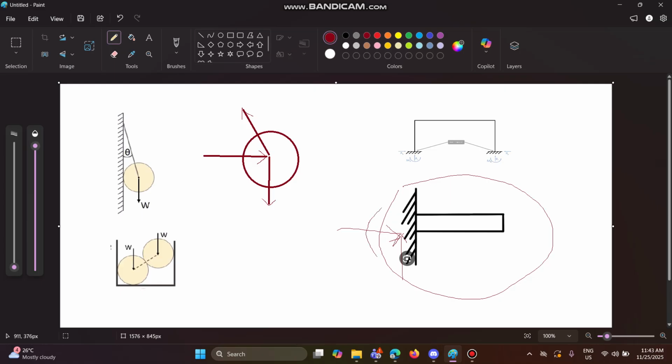If it's a cantilever beam, or a truss, or a frame, one of those structures, there can be parts of it that are fixed. But if it is being supported by another force, for example this one, the support is not just coming from the wall, it's also coming from the wire that's holding it up.